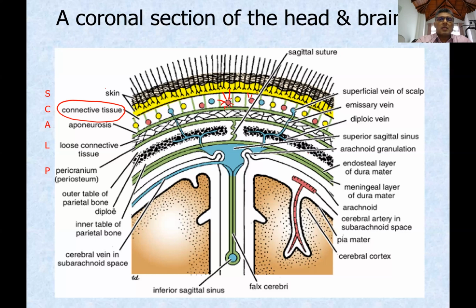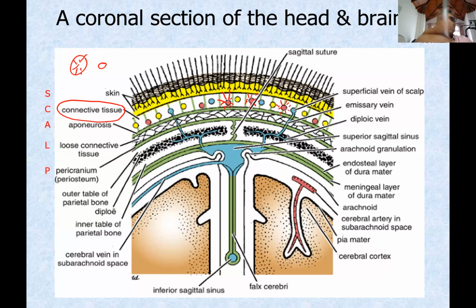So these arteries are bound outside by the fibrous bands or fibrous tissue, and if the arteries are broken due to a scalp laceration, it's difficult for the arteries to constrict. Usually when a blood vessel is cut like that, it constricts and becomes smaller.